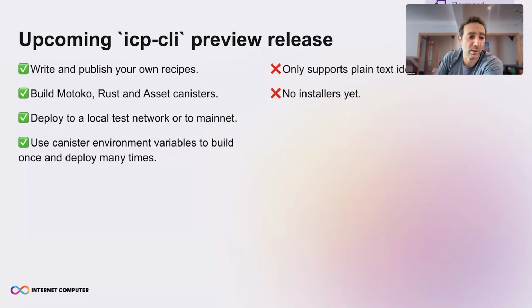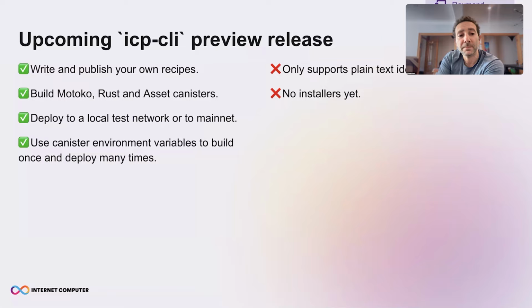Of course, this is a preview release, and so there's a few caveats. For now, we only support plain text identities, and we also don't have an installer. So we're really looking to get some feedback and make sure that we have manifests defined correctly, and we might make some adjustments before we make a first release.